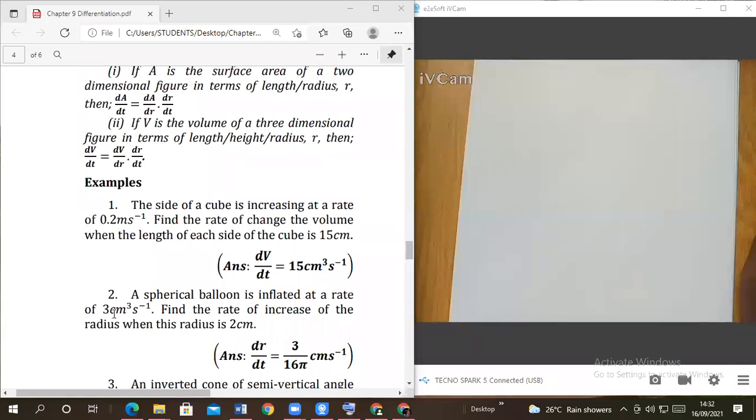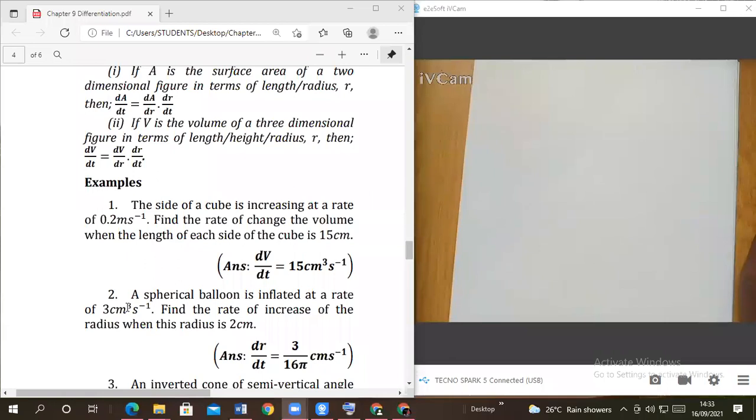How do you get to know? A quick answer, you can tell from the unit given here. If the unit is a cube, that is volume. If the power on the unit is a square, then that means area.